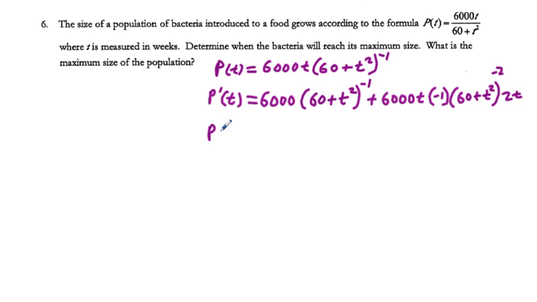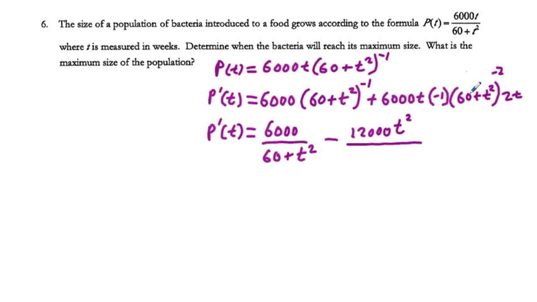And so, simplifying a bit, P prime of t is equal to 6,000 over 60 plus t squared, we take this to the -1 power and bring it back down below, minus, because of this negative sign out front, 2 times 6,000, so we have 12,000, and t times t is t squared, over this 60 plus t squared, squared.